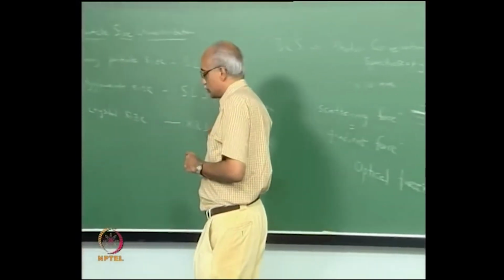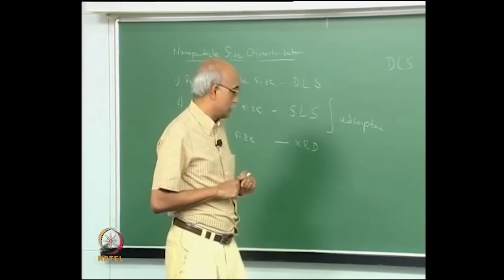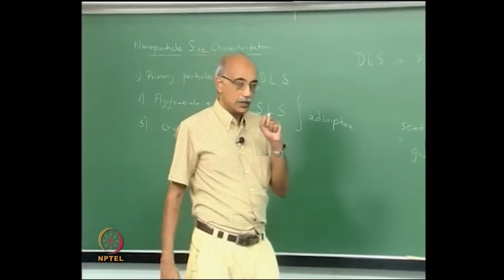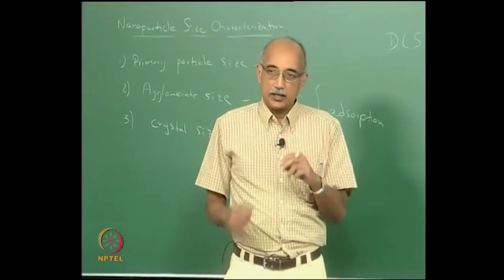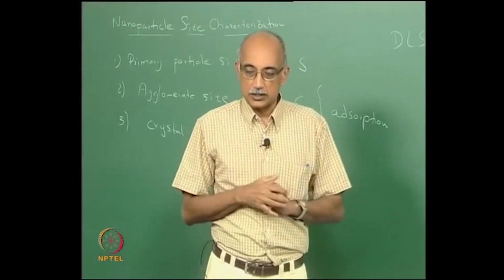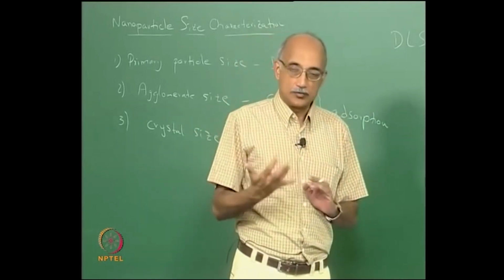The use of XRD for crystal size characterization is essentially based on the fact that when you irradiate the single crystal with X-rays, they interact with the electrons in the crystallite structure, and the X-rays get diffracted.